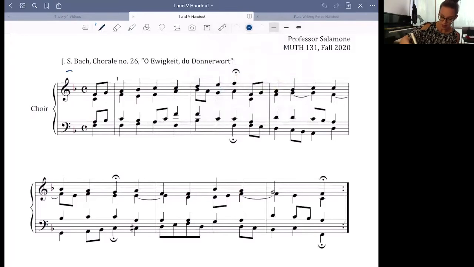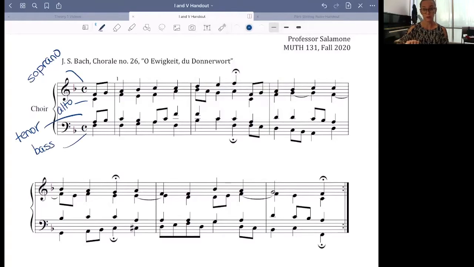So I'll refer to the top voice as the soprano, the second voice down, so the lowest voice in the right hand, as the alto, and then in the left hand, so on the bass staff, we'll have tenor, and the lowest voice, the bass voice. That is how I'll refer to those voices throughout the course of the semester.